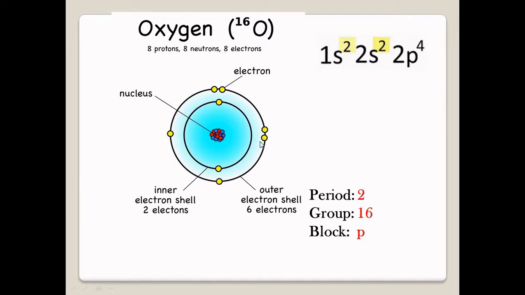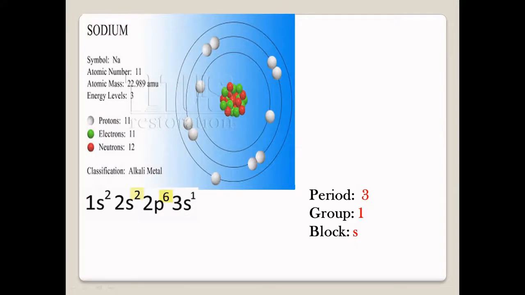Let's see another example, that is sodium, which has atomic number 11. It has 11 protons, 11 electrons and 12 neutrons. So the electronic configuration of this is 1s2 2s2 2p6 3s1. So this 3 indicates the period, that is the third period.